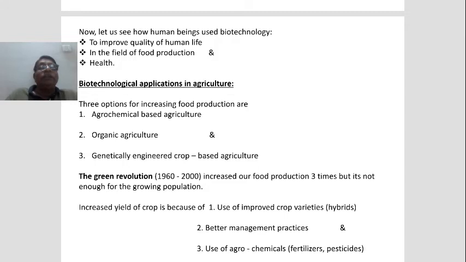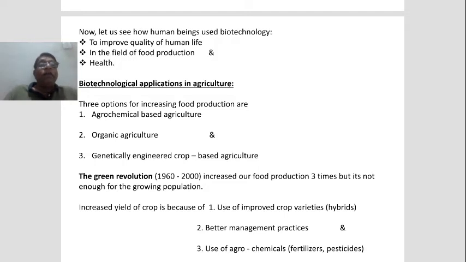Just now I discussed for hemophilia, we synthesized factor 8 and factor 9. Against polio, we synthesized polio vaccine. Recently, for females, we are able to synthesize cancer vaccine.